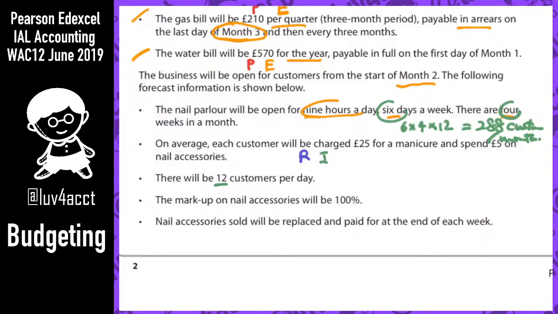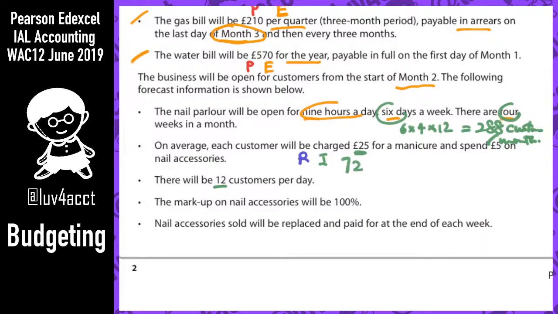Okay, again, we have 288 customers a month, and then for manicures, you will charge them 25 per customer. So it will be 7200 for 1 month. And then for accessories multiplied by 5, you have 1440.